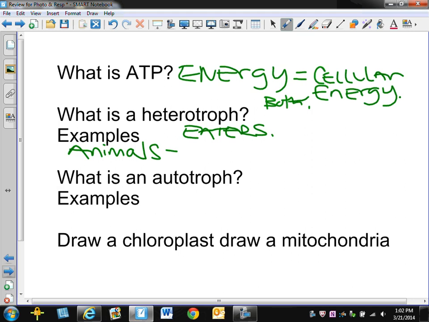Are we eaters? Yeah. We got to eat something. We don't go out and stand in the sun and wait for the water and stuff. Okay. If that's a heterotroph, then what is an autotroph? Plants. And if these are eaters, these are self-feeders. Meaning they're getting their energy from photosynthesis.